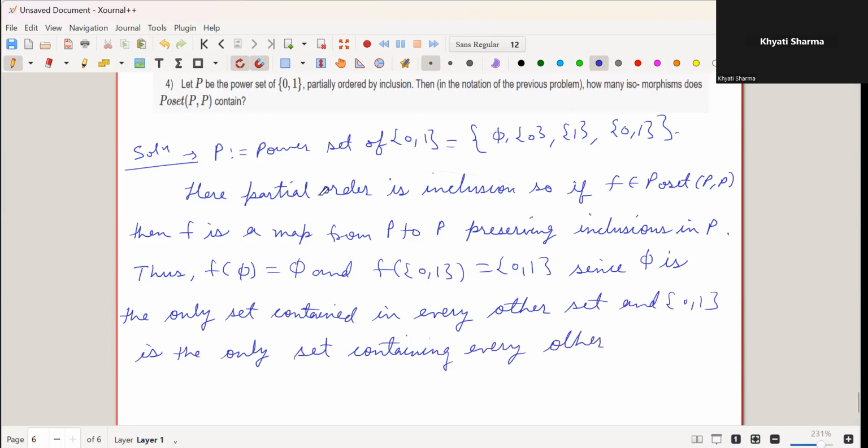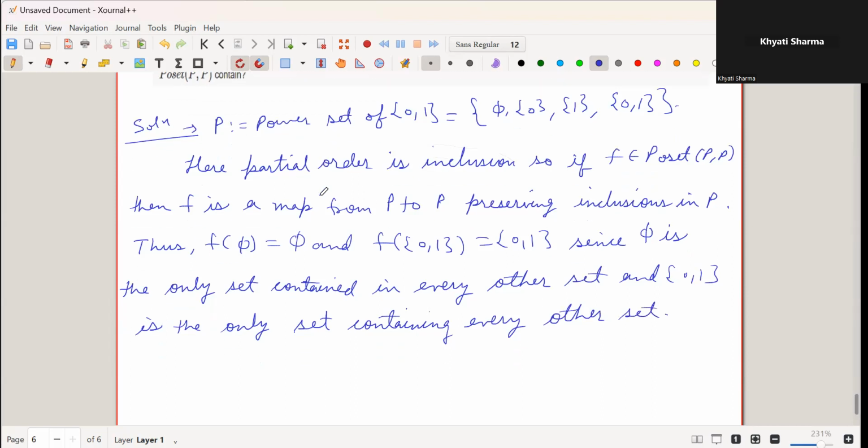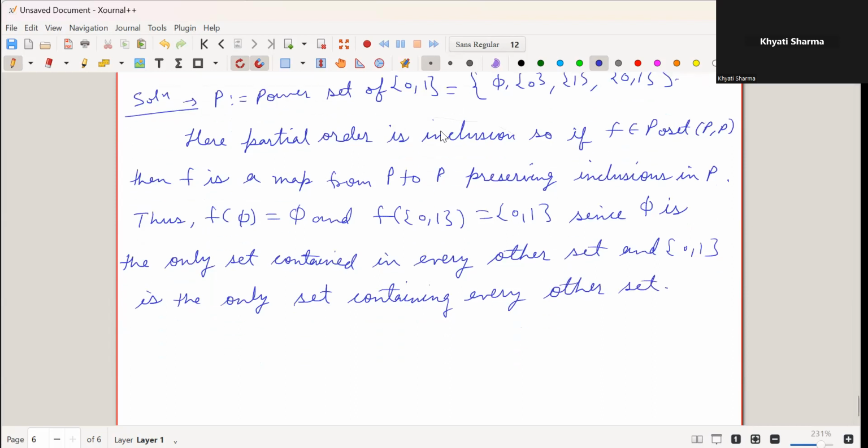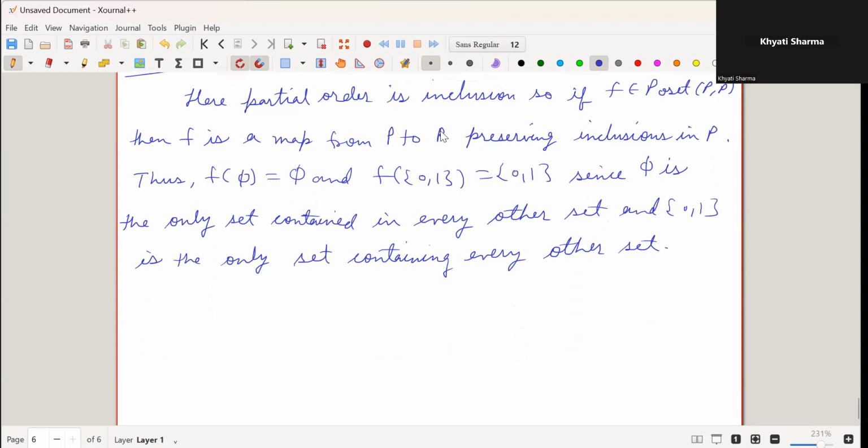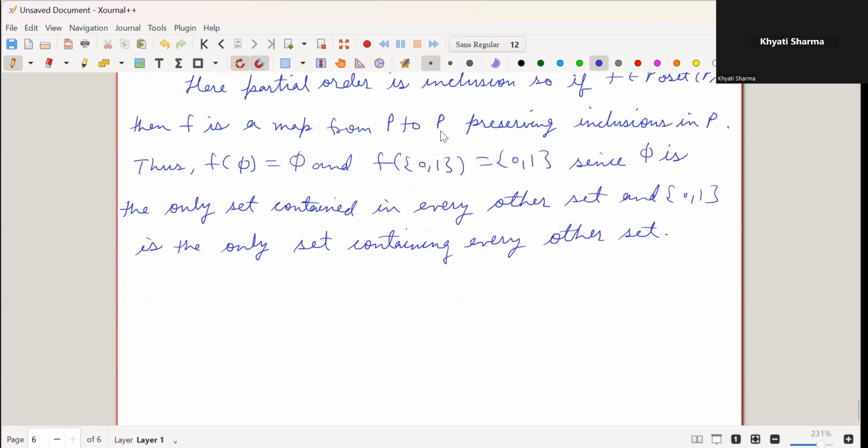So there is no possibility for f to map these two elements somewhere else. They have to be fixed, because there is no other set which satisfies the same inclusion relations as this set.